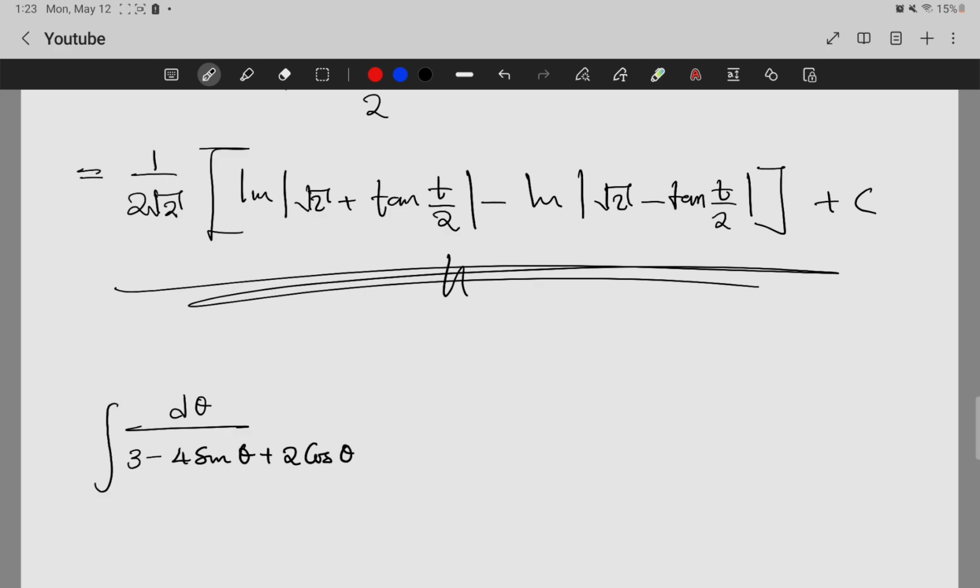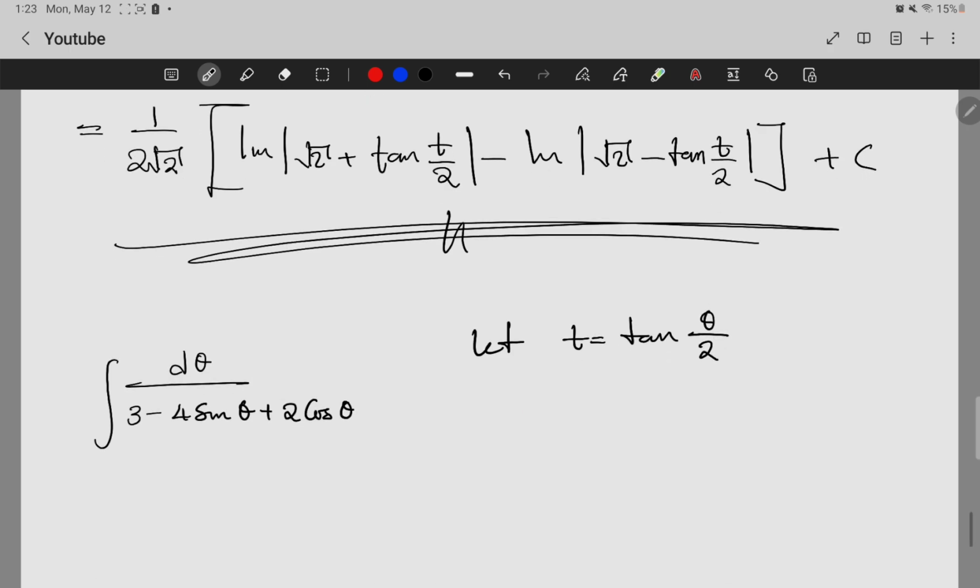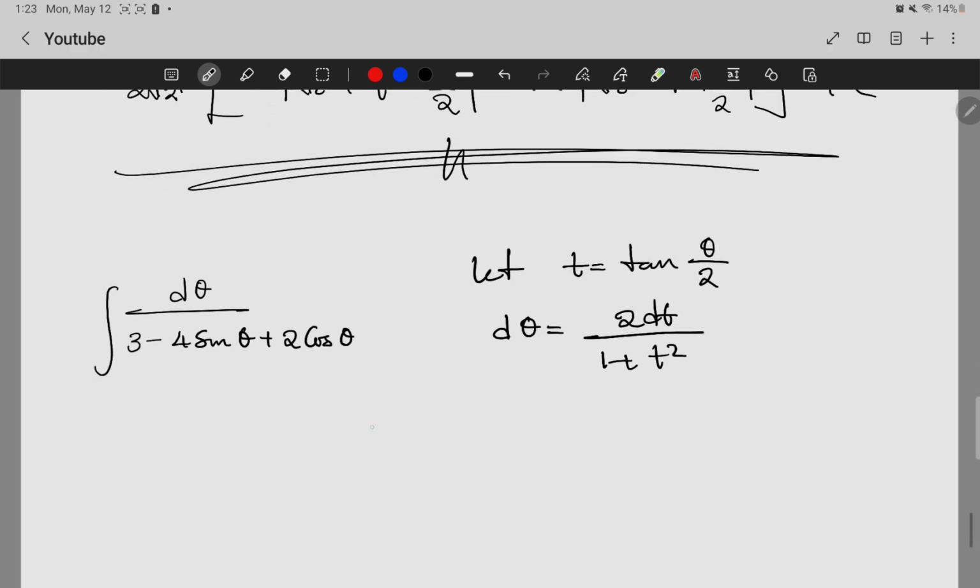The first step is just to define what you're dealing with. So let t be equal to tan theta over 2. Here it follows that d theta will be equal to 2 dt over 1 plus t squared. And then since we have both sine and cosine, we'll need both.